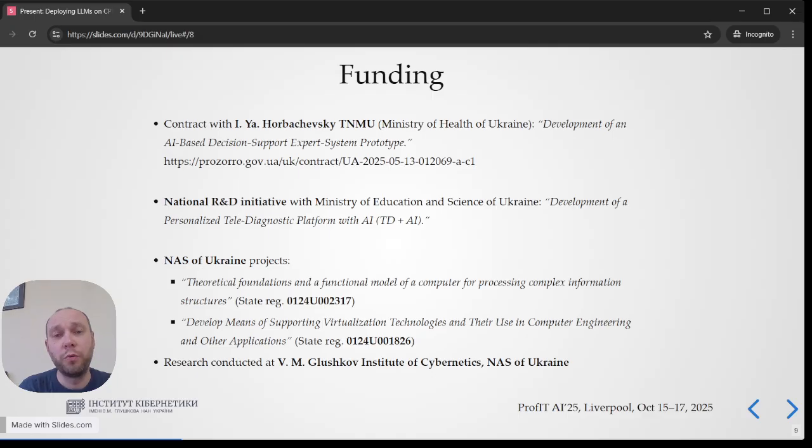Also, I want to note that this study was a part of two National Academy of Sciences of Ukraine projects, theoretical foundation and functional models of a computer processing complex information structure, and development of means of supporting virtualization technology, etc. These two projects were conducted at the Glushkov Institute of Cybernetics.